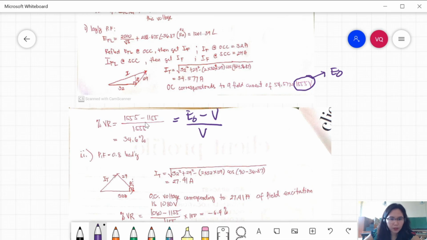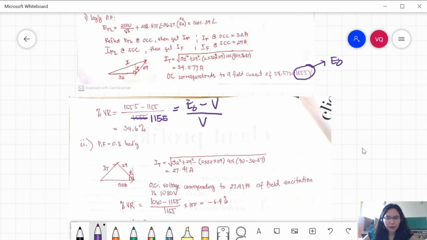This 1,155 is 2,000 divided by square root of 3. All over 1,155. Percent voltage regulation now in lagging power factor is 34.6%.